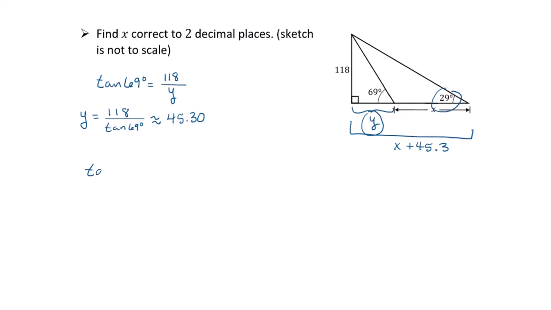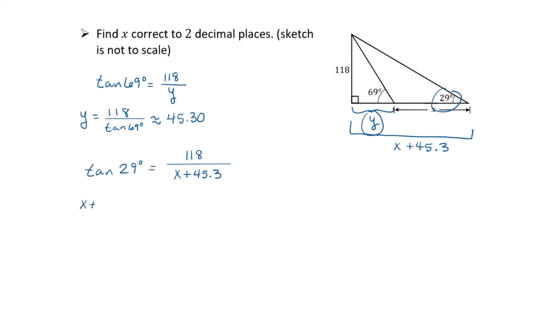The tangent of 29 degrees is equal to opposite over adjacent. Adjacent is that entire x plus 45.3. Now I multiply both sides by x plus 45.3 and divide by tangent of 29 degrees.